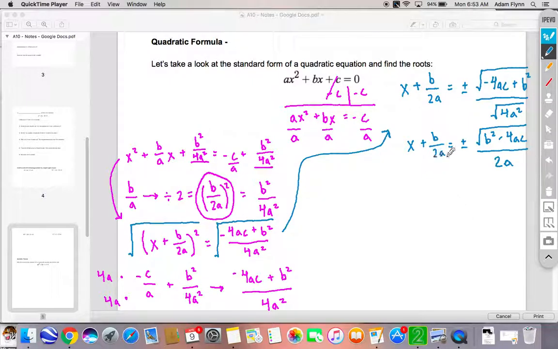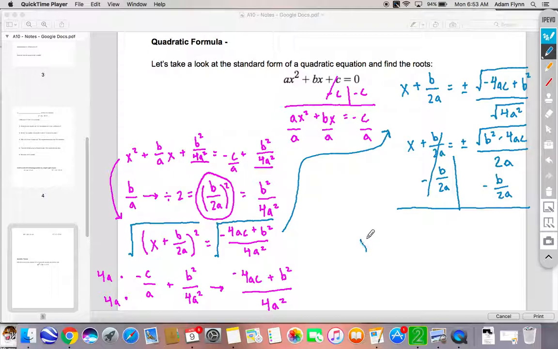So now I can simplify this entire thing, or solve for x, by subtracting my b over 2a. So once I do that, my x is finally alone.